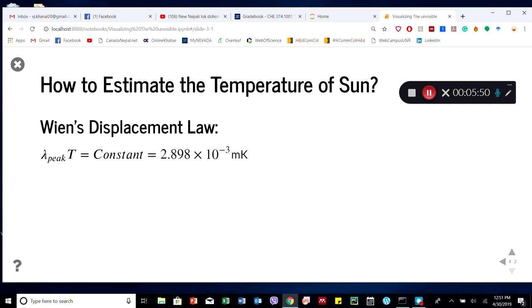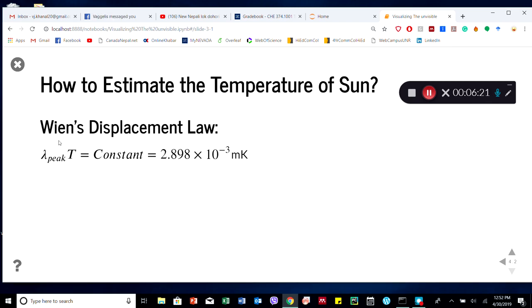In other words, the product of the wavelength at which the black body emits the maximum, times the temperature of the black body that is emitting the radiation, is always a constant, and that is known as Wien's displacement law. So because this right hand side is always a constant, if you know one of these parameters, then you can estimate the other, right?